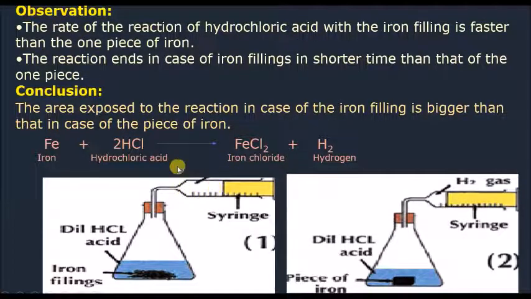The amount of evolved hydrogen here is more than the amount of evolved hydrogen here. So when we use iron filling, the surface area exposed for the reaction is larger than using a piece of iron.